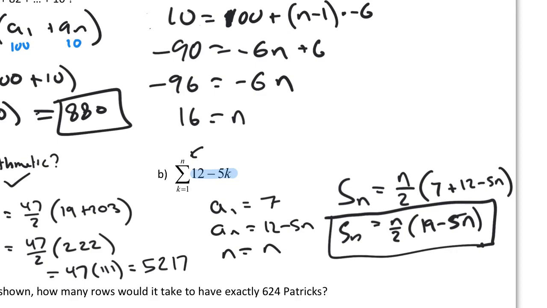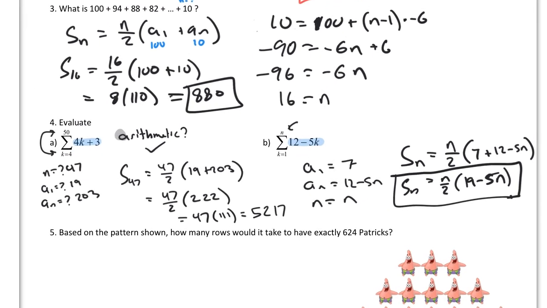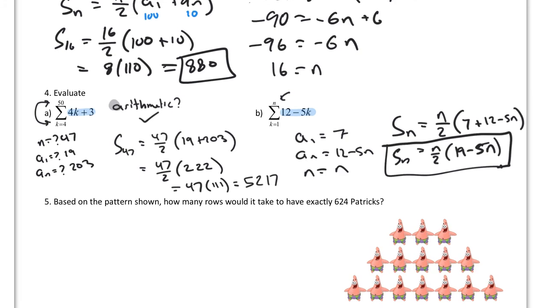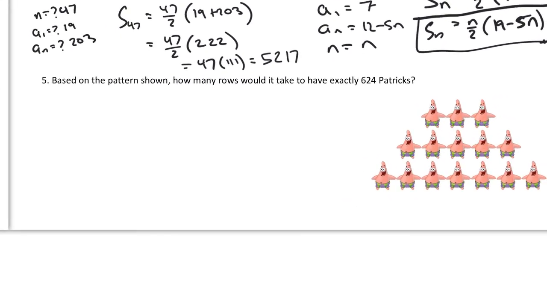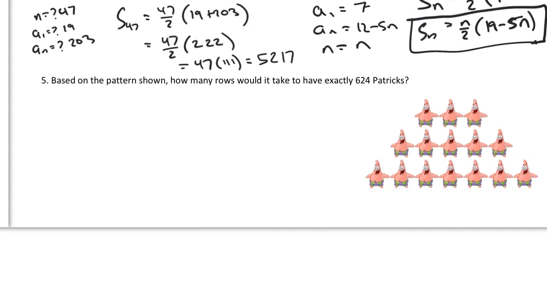All right, one last word problem. Based on the pattern shown, how many rows would it take to get exactly 624 Patricks? So I kind of want you to try this here. I'm going to give you a little hint. We've got n equals 1, n equals 2, n equals 3. That's the number of rows.